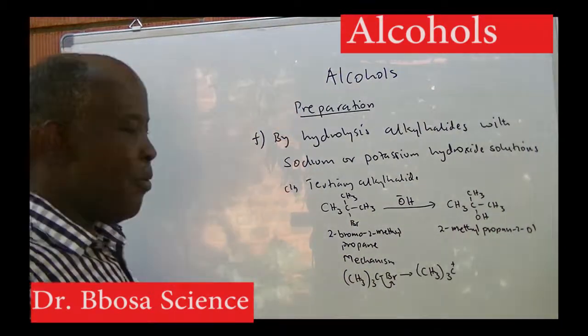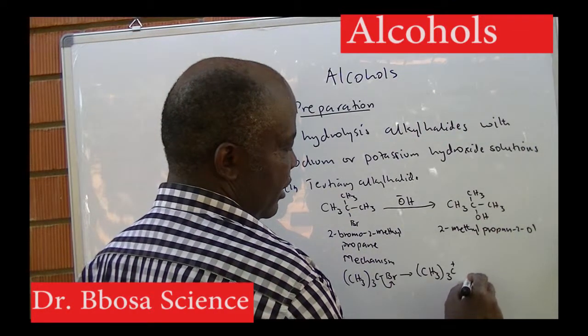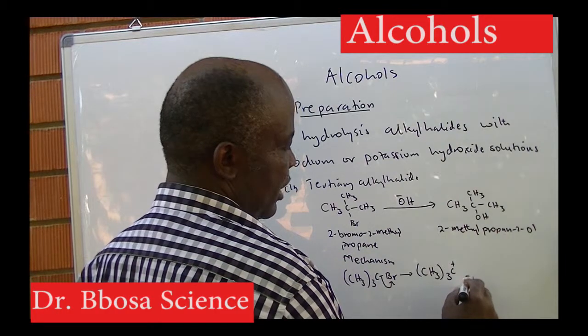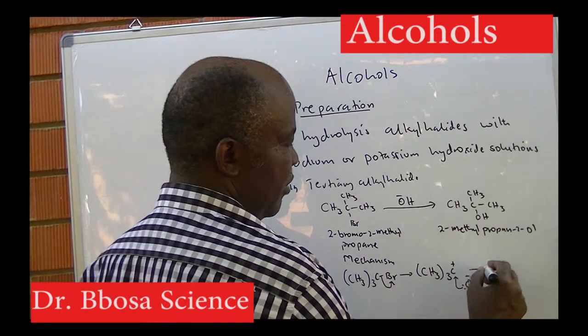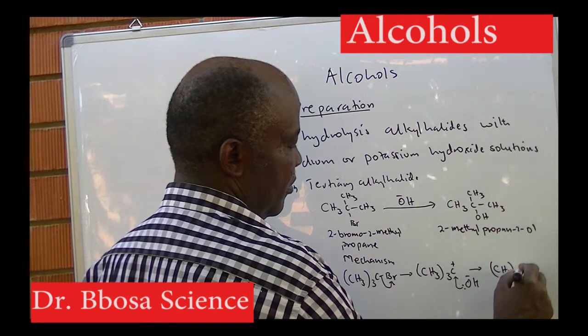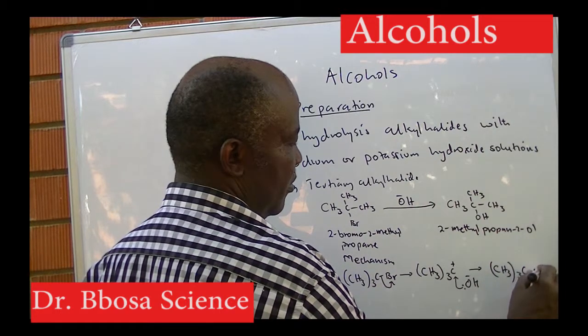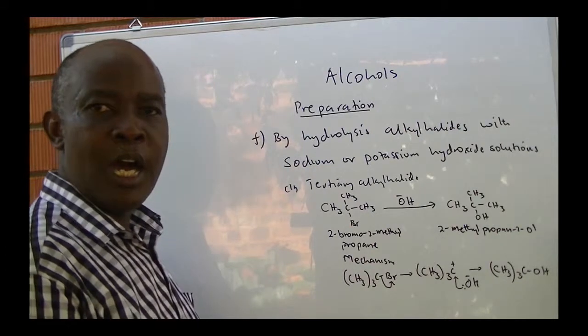You get a carbocation, then the OH ion uses a pair of electrons to react with the positive charge to form 2-methylpropan-2-ol, and it is one word.